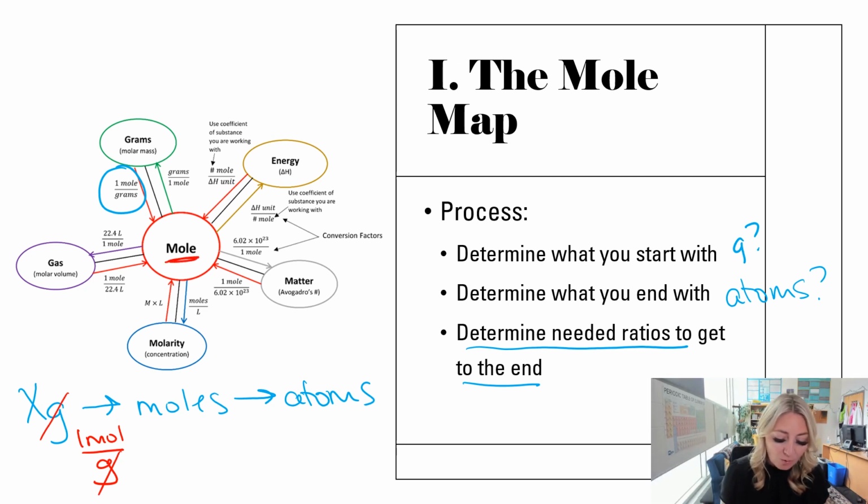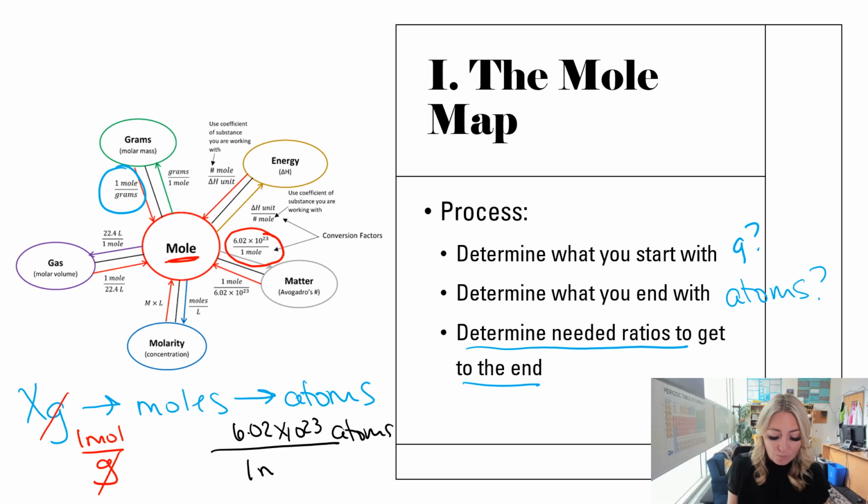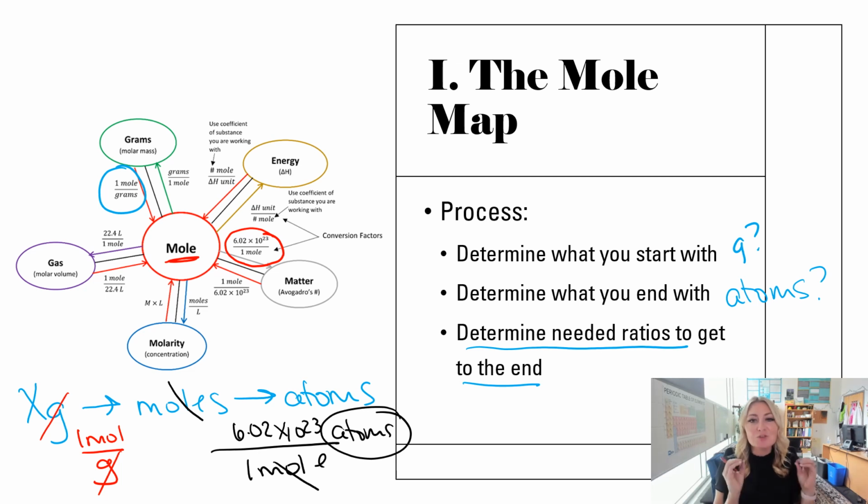Once I'm at the mole, I'm going to follow the correct arrow to get to matter, and I'm going to use this conversion factor, 6.02 times 10 to the 23rd on top, that's atoms, over 1 mole. Notice that moles will then cancel, leaving me with the unit I'm trying to find. So you can use this as a tool to figure out your conversion factors.